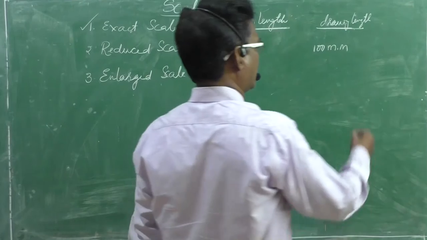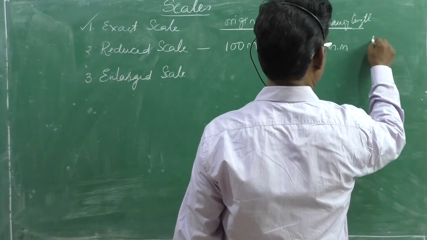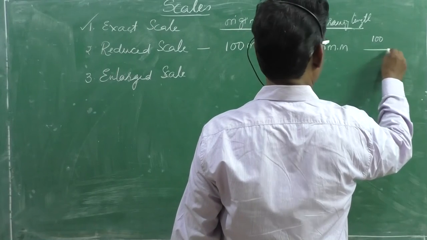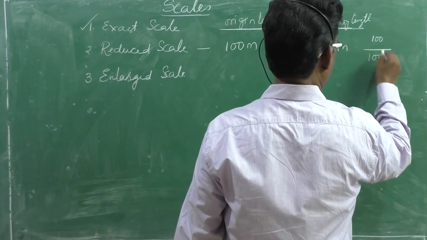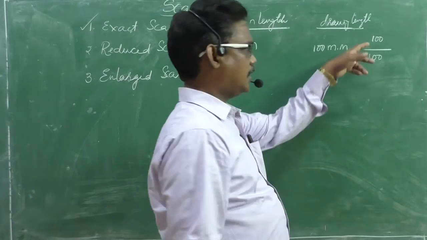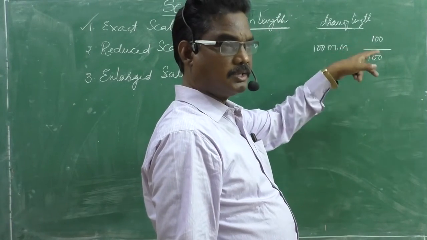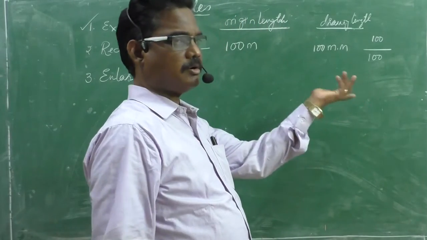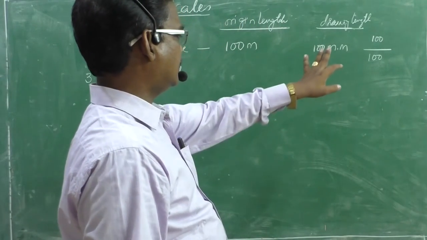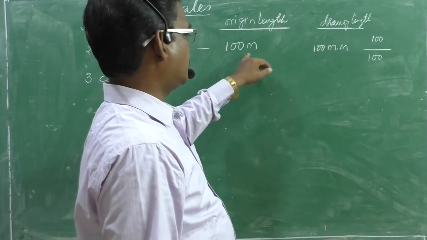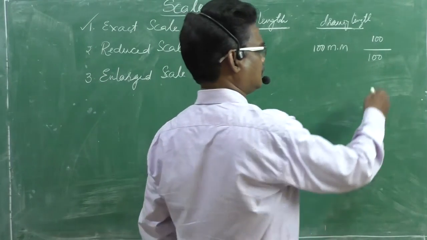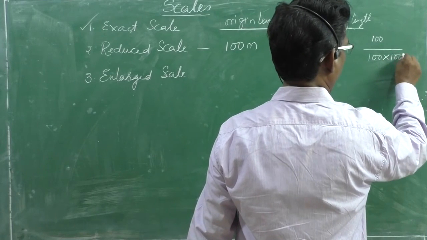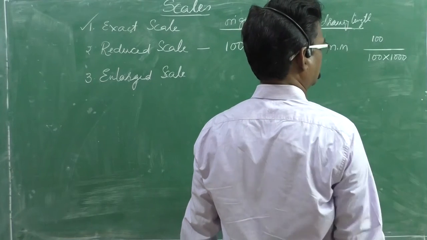Here 100 mm divided by 100 meters. While dividing, both should be in the same unit, either numerator or denominator unit. 100 mm and 100 meters. 100 meters means 1 meter is 1000 mm.